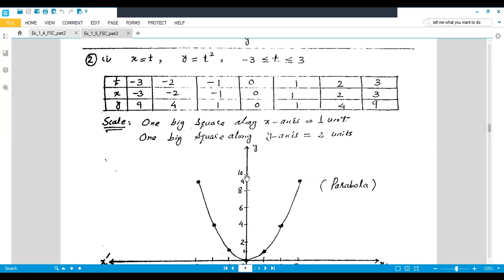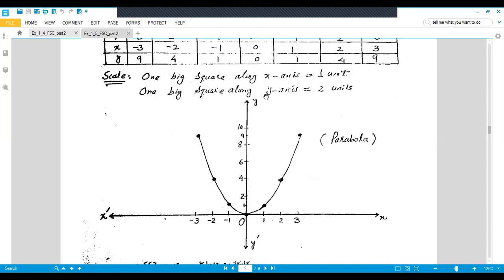So for the y-axis we take 5 small boxes equal to 1 unit, or you can say 10 small boxes equal to 2 units. In both ways you can write your scale.